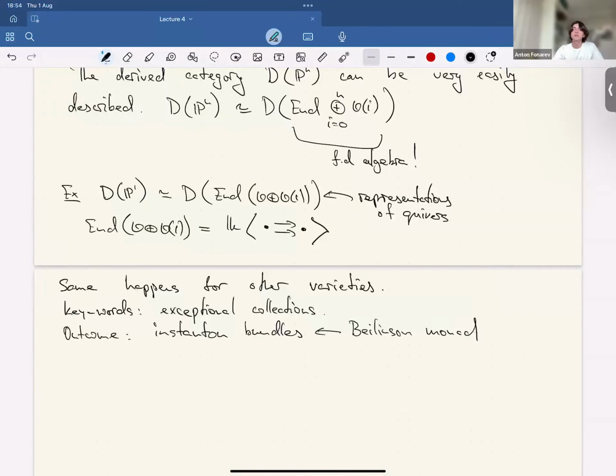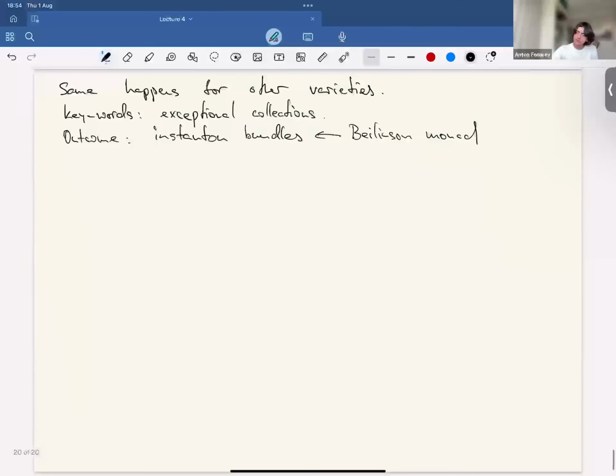Usually instanton bundles are defined over P^2, while the instanton monad is exactly the result which comes from Beilinson's theorem. But also, if you want to generalize instantons to other varieties, which physicists seem to enjoy, not very much, but still, this is what's used. Well, let me just say the last things because I cannot dive too deeply in the last 5 minutes.